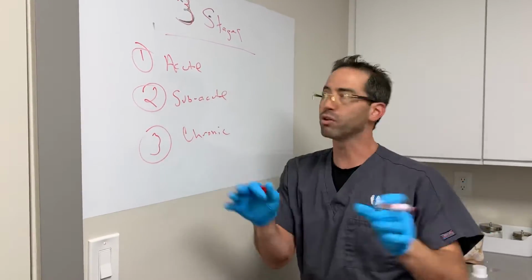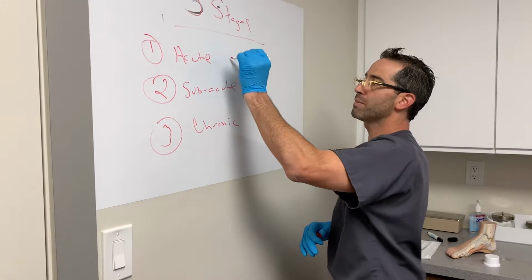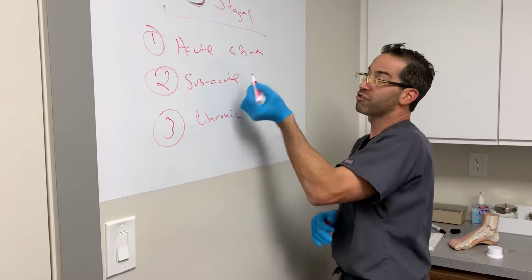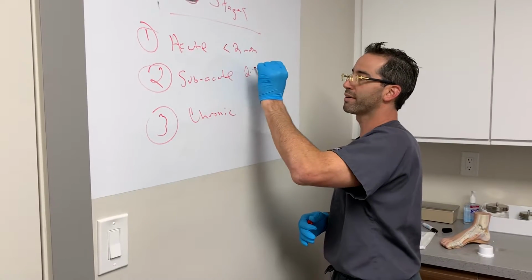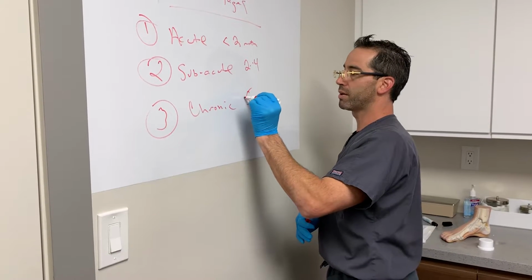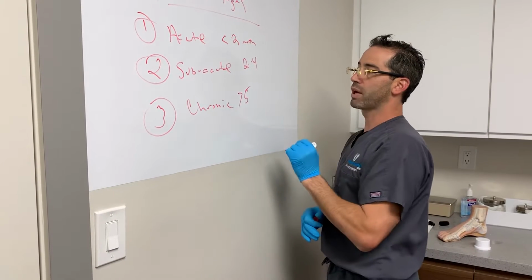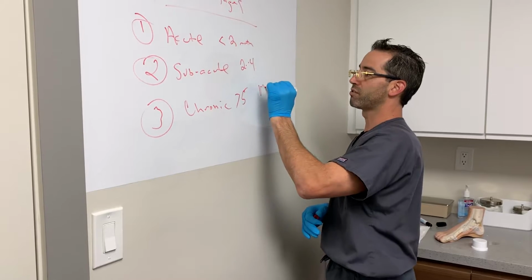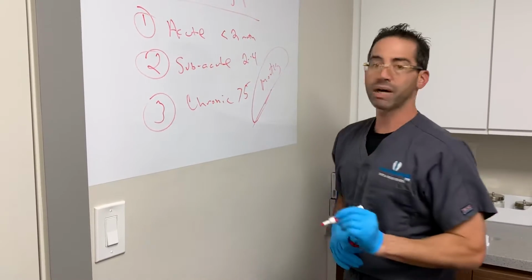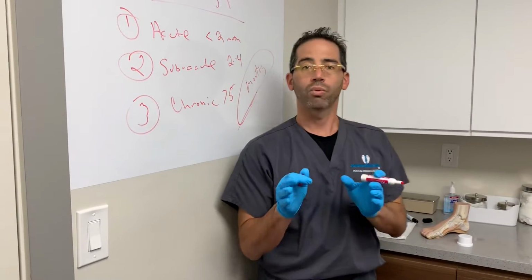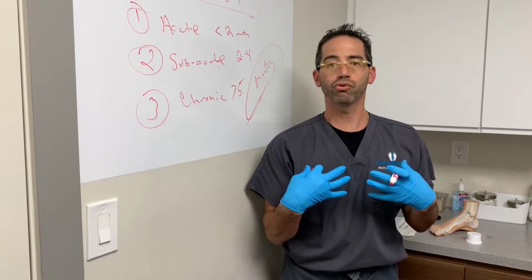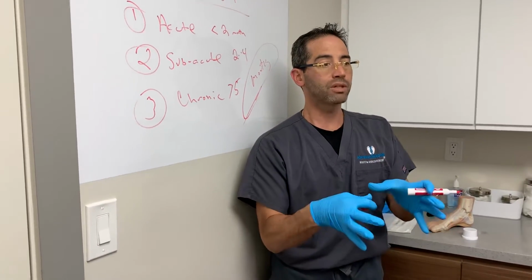Just to make it very simple, we'll say acute is maybe less than 2 months, and then subacute maybe 2 to 4-ish, and then chronic greater than 5. And these are months. Sorry about my penmanship. So that's the algorithm and protocol that I use to decide what's going to be best for the patient.